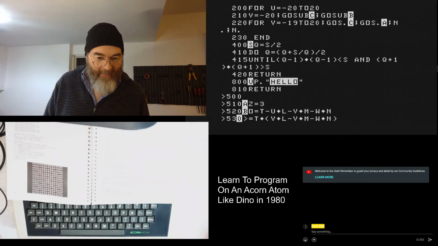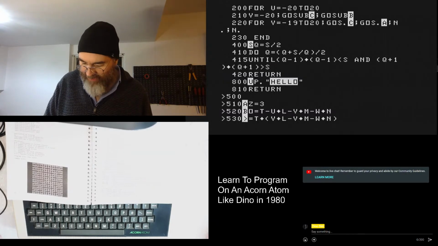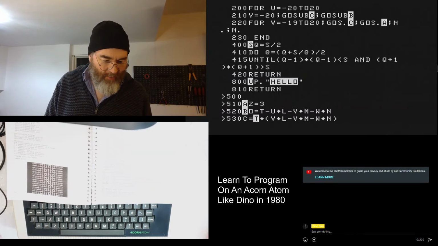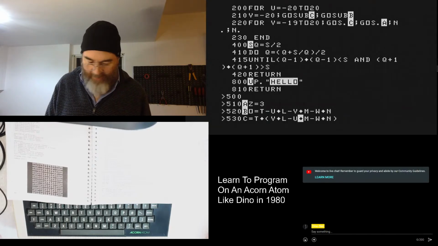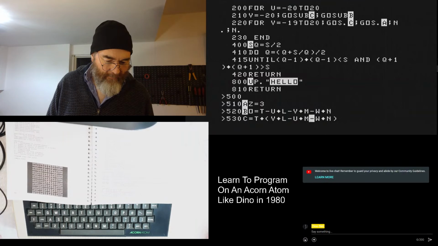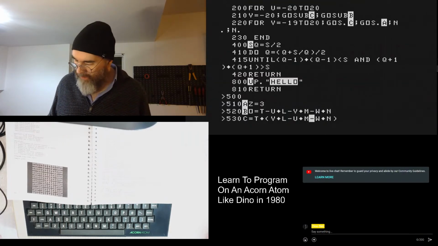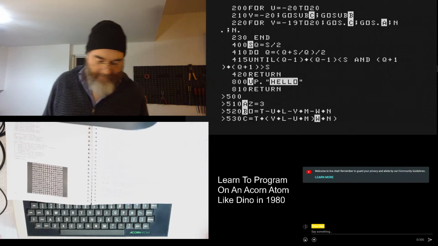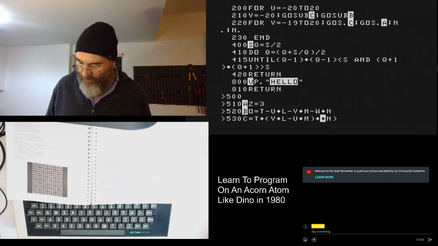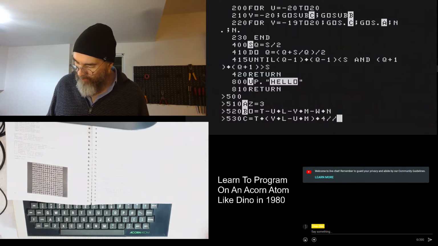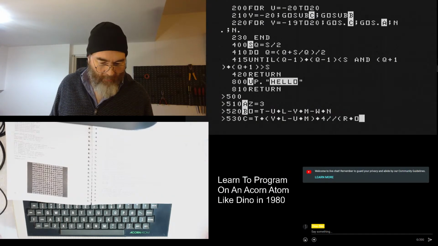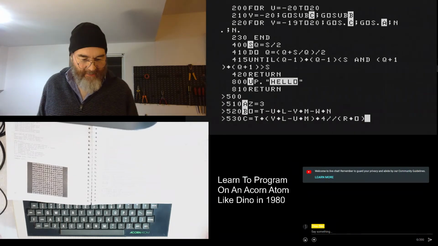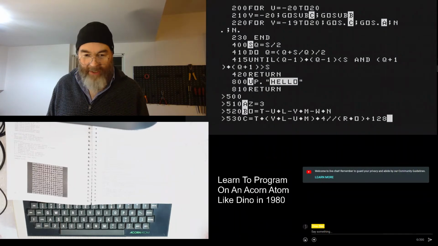Right. Copy 530 and then C, and then copy equals T times V times L minus U times M times N, close parenthesis, I was copying the wrong line, times 4 divided by open parenthesis R times O close parenthesis plus 128.